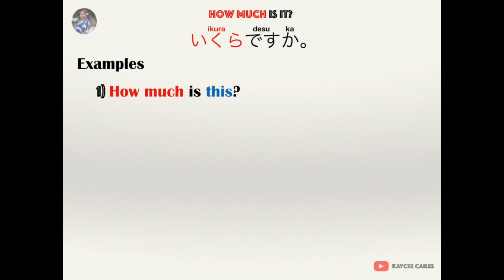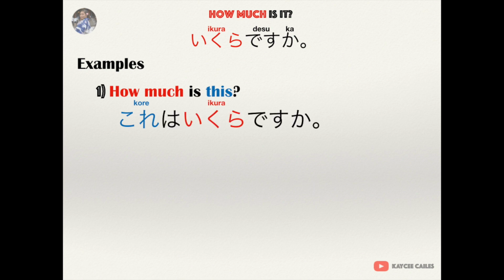First, we say, how much is this? We know that in Japanese, this is kore. And to complete the sentence, we say, kore wa ikura desu ka? Second example, we would like to ask, how much is that? And in Japanese, that is sore.